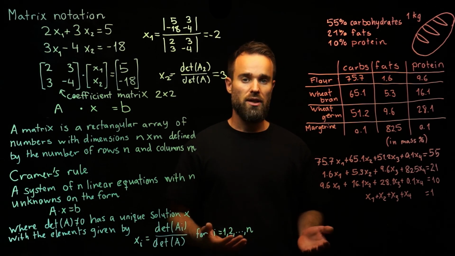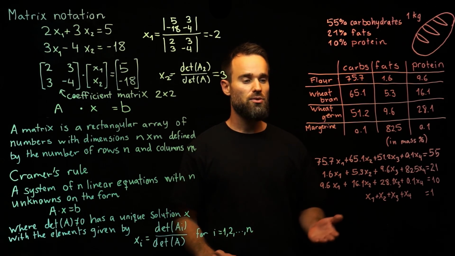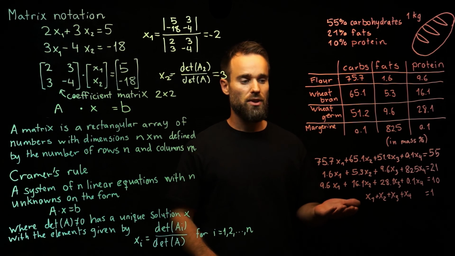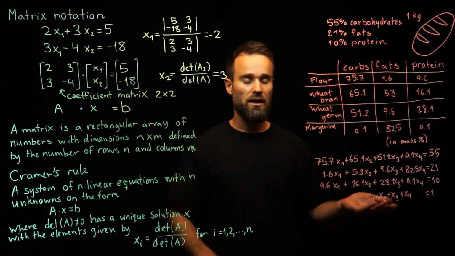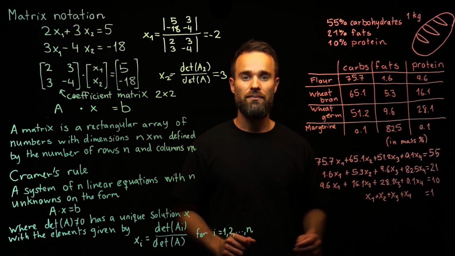Where x1 represents the mass of flour, x2 the mass of wheat bran, x3 the mass of wheat germ, and x4 the mass of margarine.